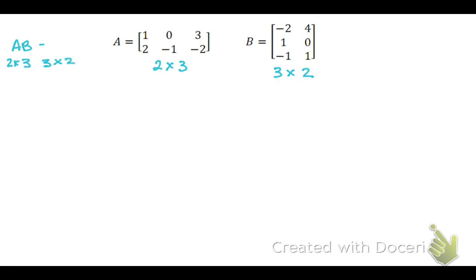So I get a 2 by 2, because these two are equal. Okay? And BA would be 3 by 2 and 2 by 3. So I get a 3 by 3. So obviously right now we would know they would not be the same answer because one's a 2 by 2 and one's a what? 3 by 3.